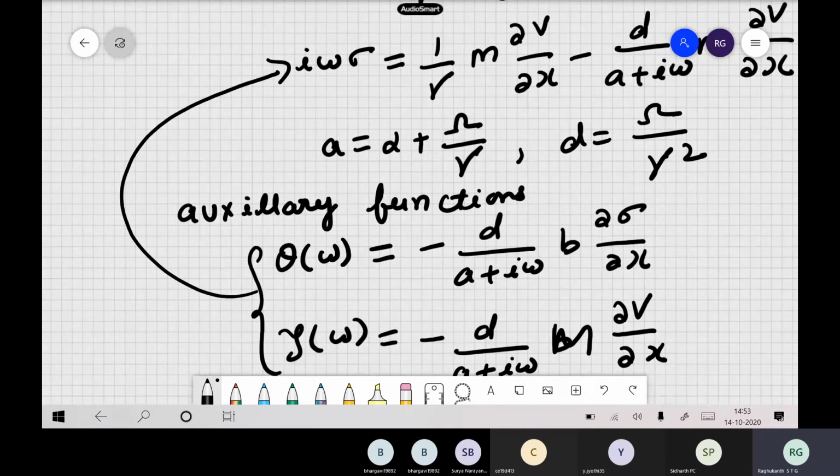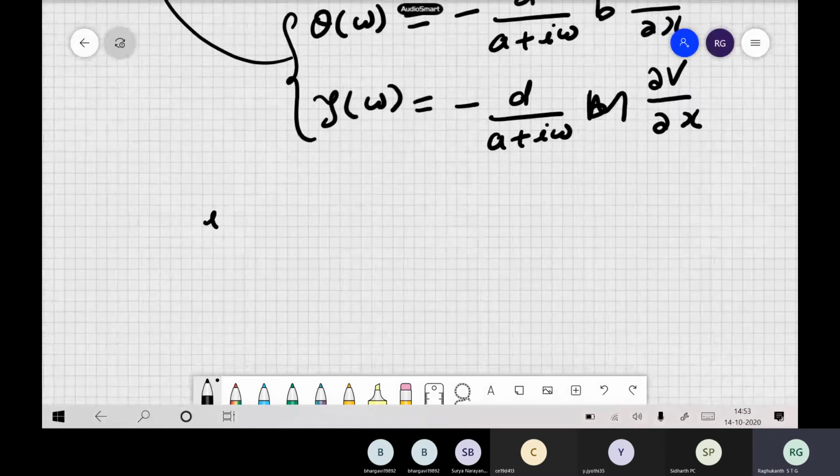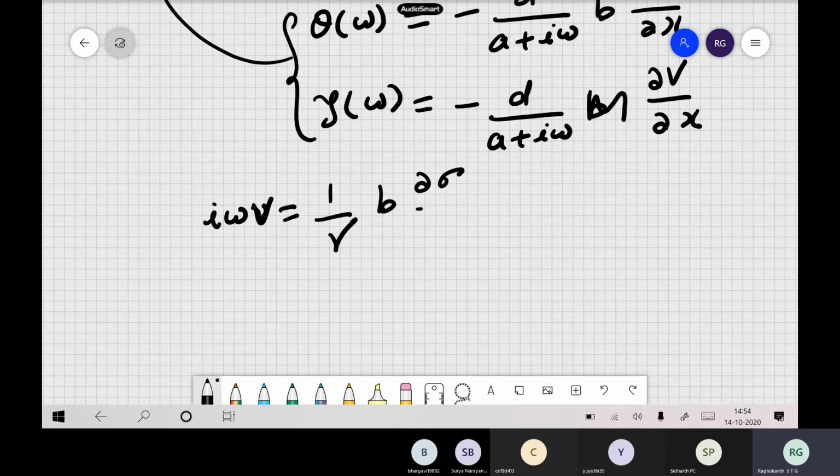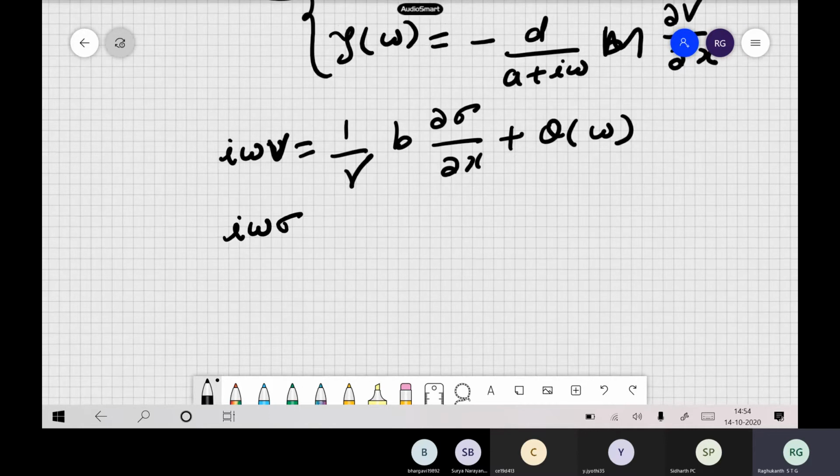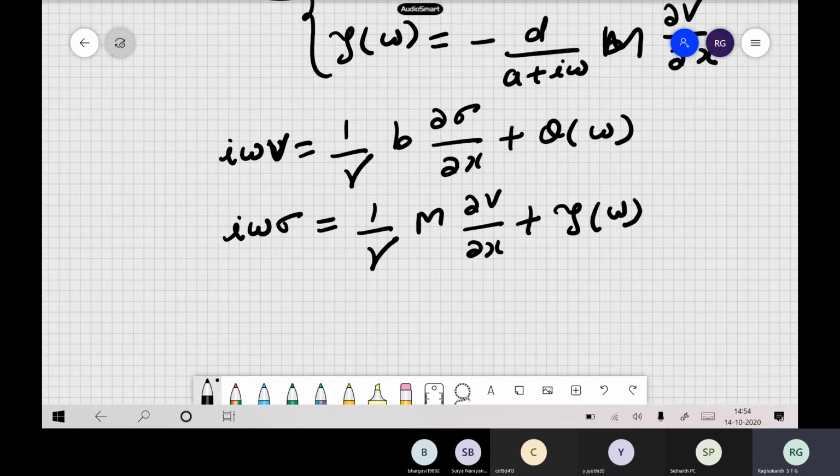So you can write this nicely as iω times v equals 1/γ times b ∂σ/∂x plus θ of ω. And the second equation, iω times σ equals 1/γ times m ∂v/∂x plus ψ of ω.